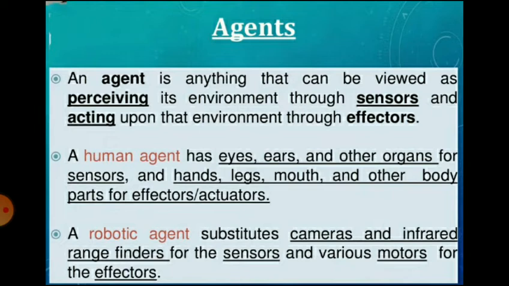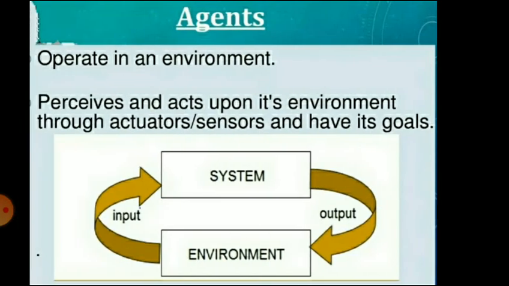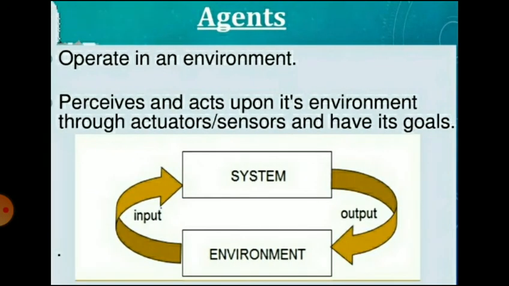So these are examples of a natural agent and an artificial agent. An agent operates in an environment, perceives and acts upon its environment through sensors and actuators, and has its goals. So you can see the diagram.